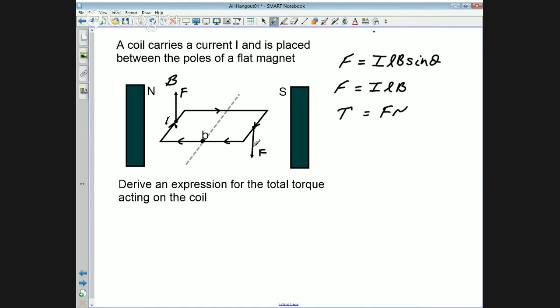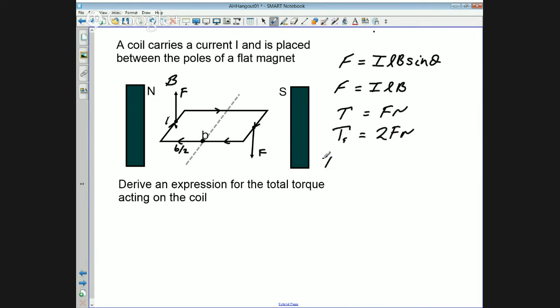We can say a total torque, if I can write it that way, equal to 2 times the force times the distance r from the centre. Now we know the value of the force acting on the conductor, and we know the value of r. r is just simply b divided by 2.